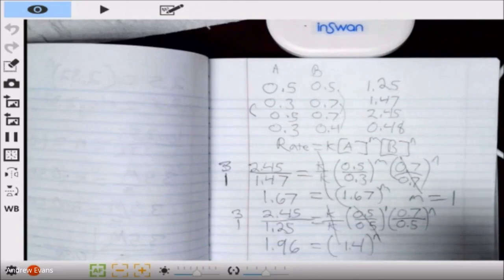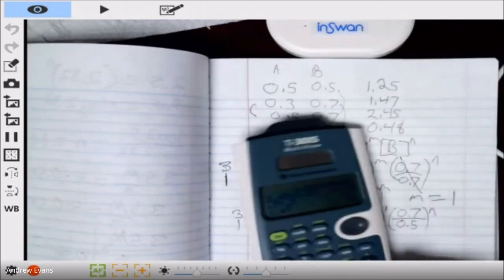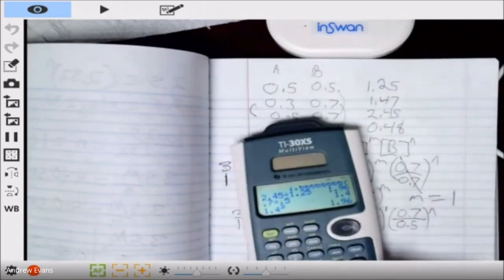Now, because we know they're supposed to be integers, you could actually guess. Is n 0? No. Is n 1? No. So let's try. Is n 2? 1.4 squared is equal to 1.96. So n is equal to 2.